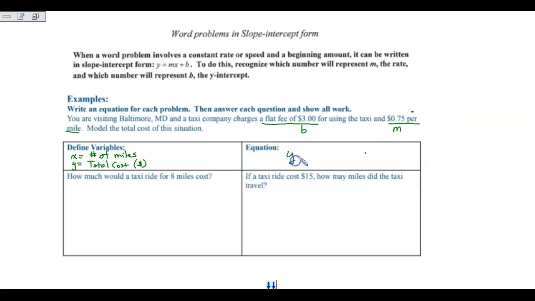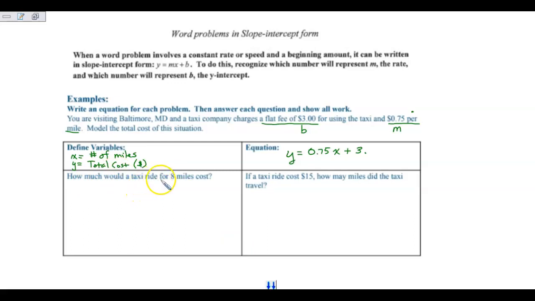So when I write my equation, y equals, my rate is 75 cents per mile, and we said we're using x for miles, with initial fee of $3. So there's my equation, y equals 75 hundredths x plus 3.